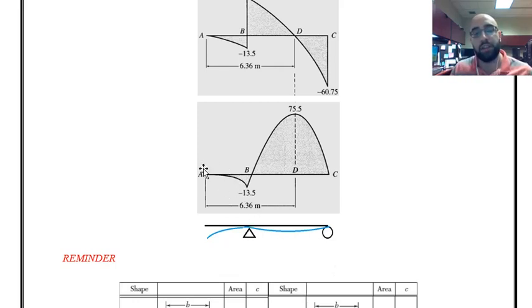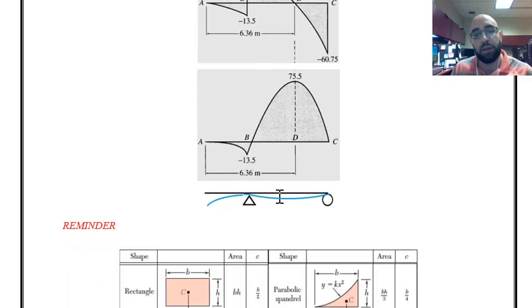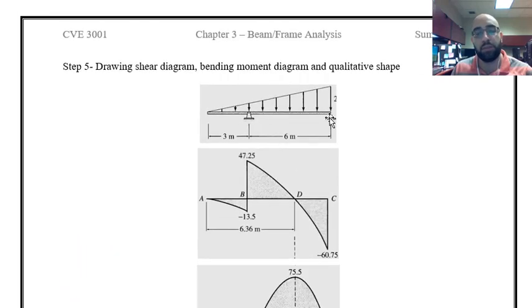And whenever I have a negative bending moment, I have to draw a curve with negative concavity or a ball which is downward, like this. And if you look at the beam, this is the kind of deformation that we expect from this beam. Like we have the loading, so it is going to go down under this loading.